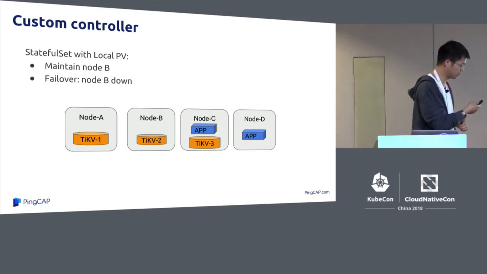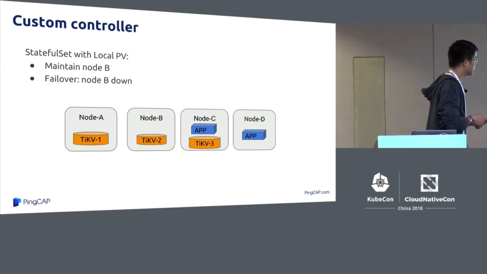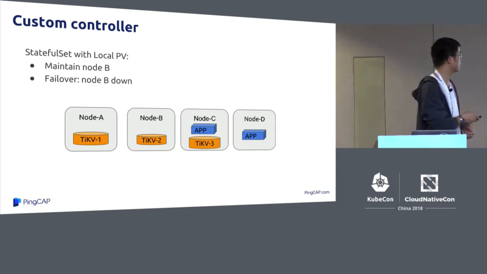And here we consider the problems with local PV. If we want to do maintenance, or node B just fails, what will we do with local PV for a stateful set? As for deployment, when the node fails, the deployment controller just creates another pod on another node.